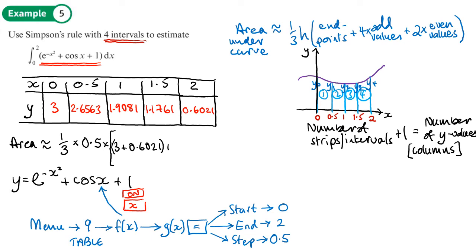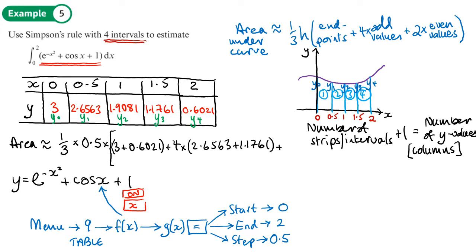Then plus 4 times the odd values. So let's just write down what values these are. y0, y1, y2, y3, y4. So the odd values, those are y1, which is 2.6563, and y3, which is 1.1761. Remember, you always start with y0, not y1.